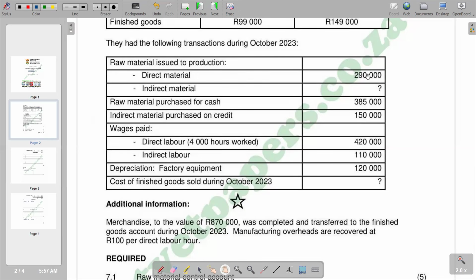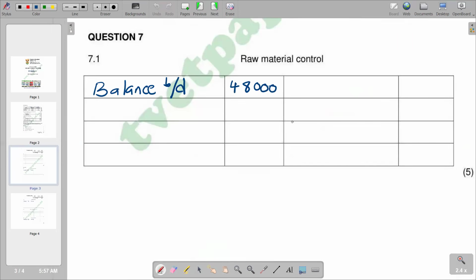So basically, the double entry involved is that we are crediting the raw material control, and then we are debiting the production control. So that's that entry that we have, and both of them we have got their accounts in the question. So we can start by crediting the raw material control with 290,000. So we are going to the credit side, and we are saying it's supposed to go to the production control.